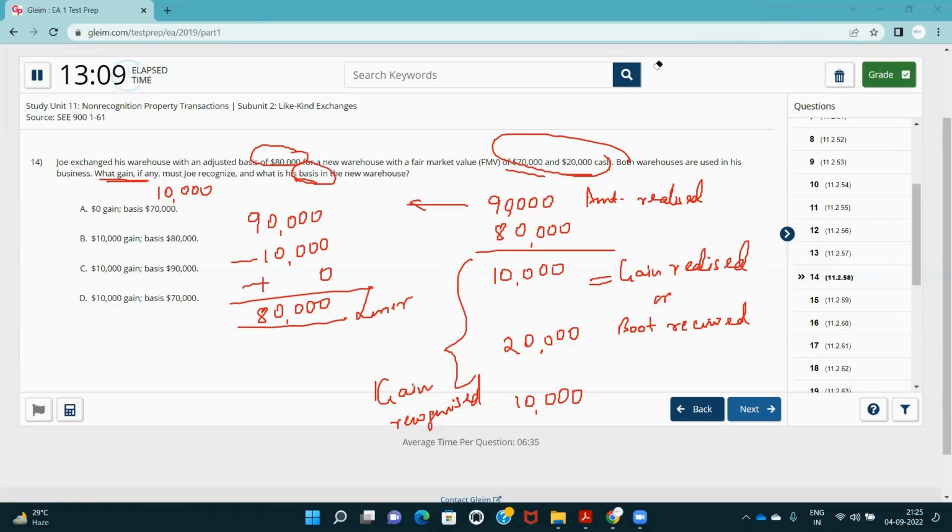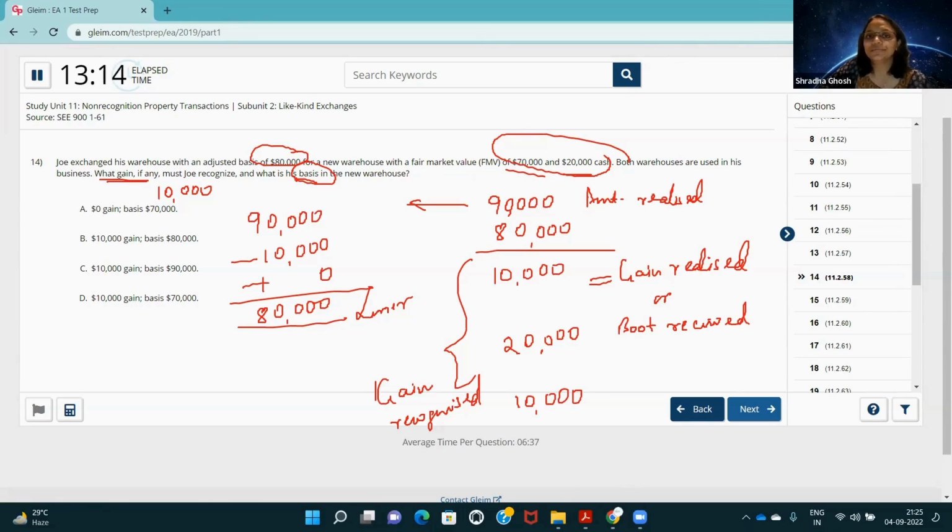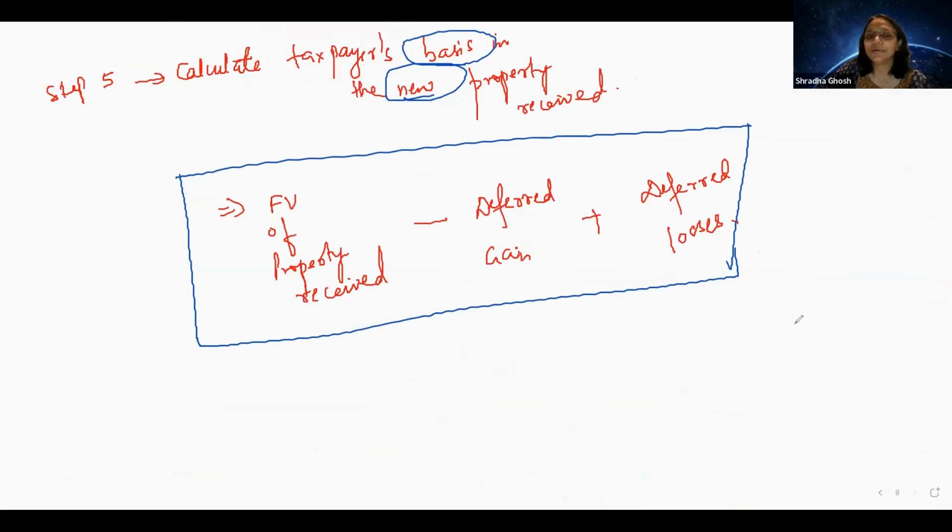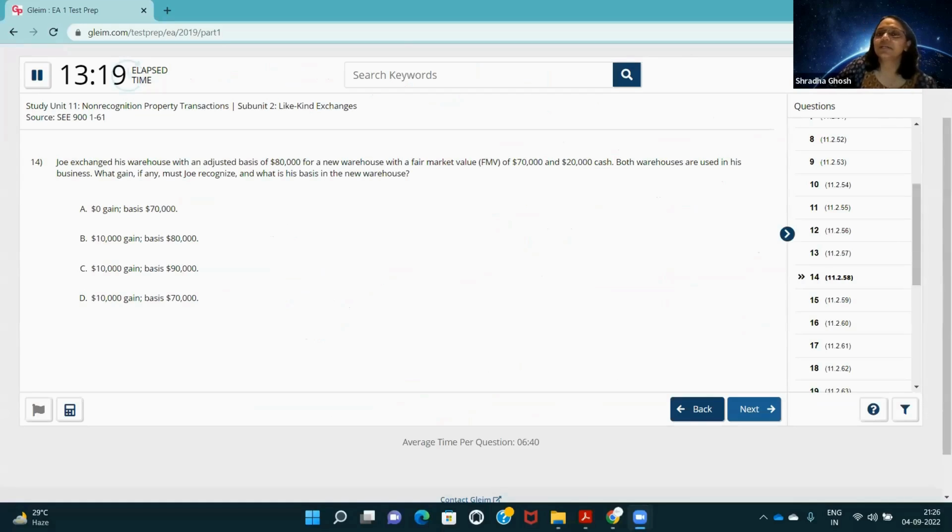Yes. See, what is the mistake that I did? What is the basis of the property? You remember what we told you? The basis of the new property acquired is the fair market value of the property received minus the gain that you have deferred and plus the losses that you have deferred. Now, in this example, what is the fair market value of the property received? It is only 70. Yes or no? And what is the gain that you have deferred? The entire gain was 10 and you've recognized the full 10, isn't it?